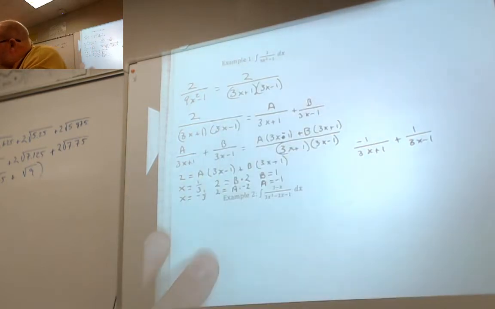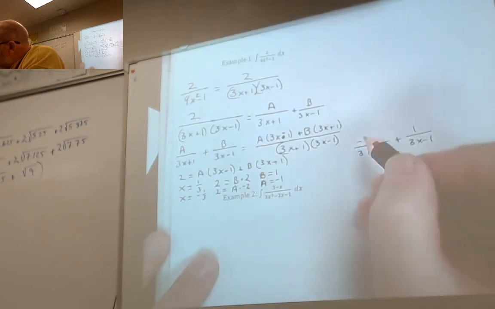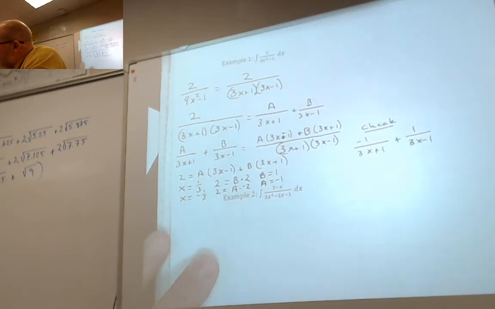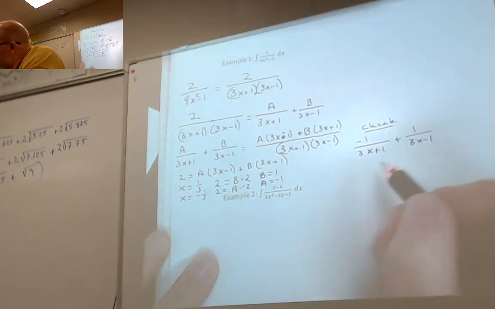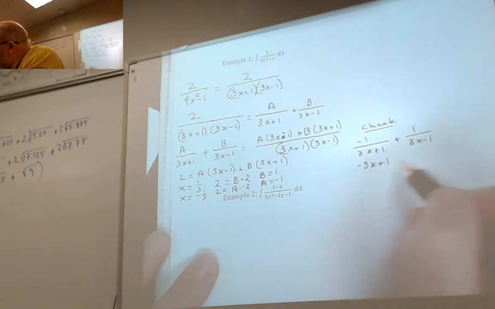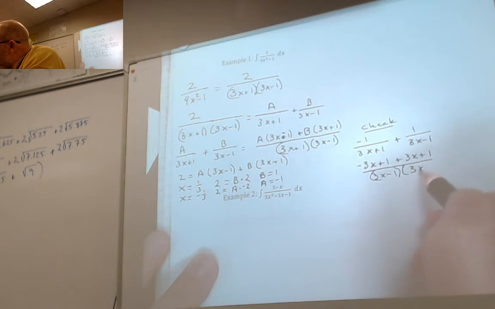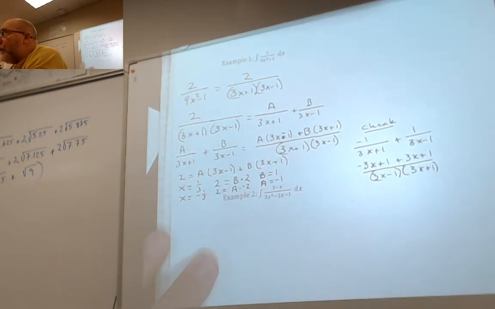And so I'm going to check. Well, I'm going to get a negative 3x plus 1 plus 3x plus 1 over the quantity 3x minus 1 times 3x plus 1. Do you see how I got those?